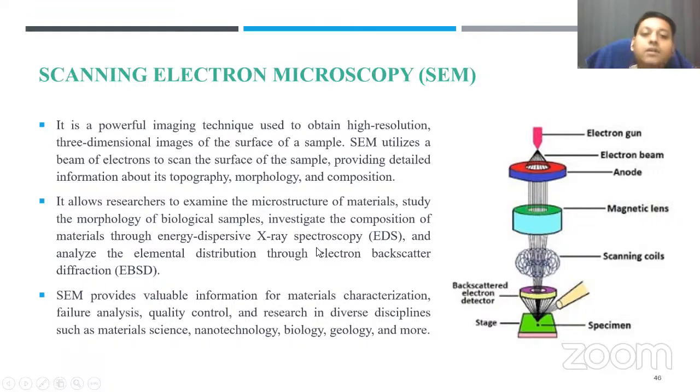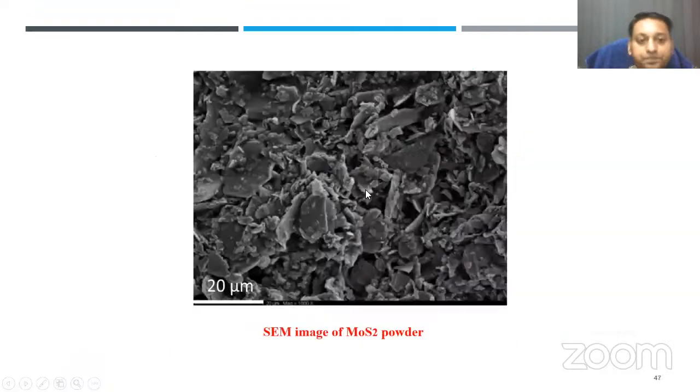Thereby we can measure the features, morphology, and topography of the specimen, and also measure its energy dispersive X-ray spectroscopy. Through SEM, we can determine the features, morphology, and composition.